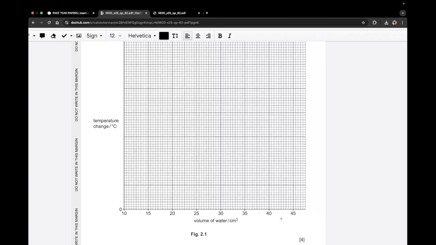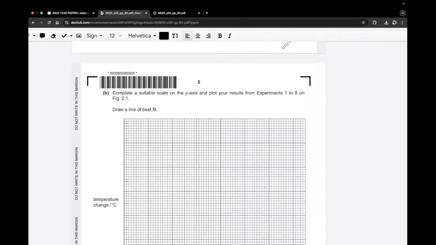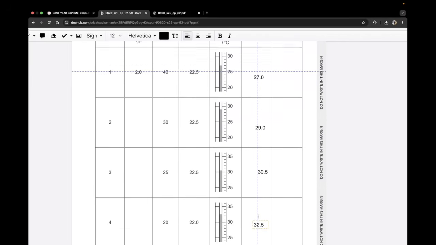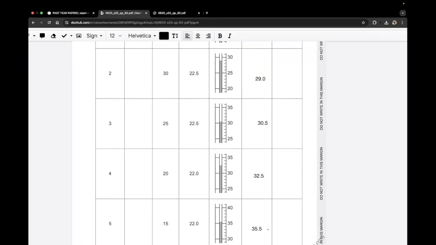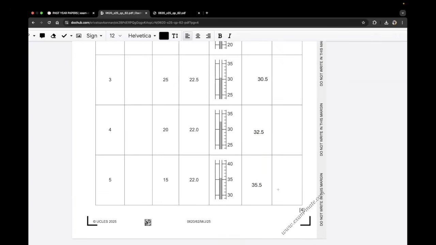The only rule that Cambridge will expect you to follow when you do this is that they don't want you to use a y-axis scale that is too large. For example, the maximum temperature change that we saw was 13.5 over here.